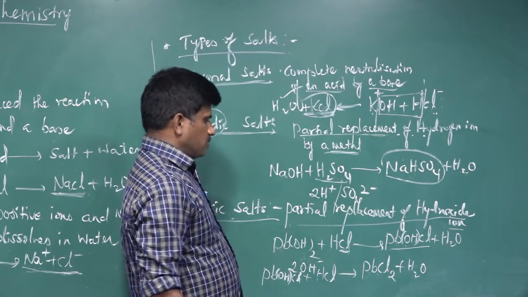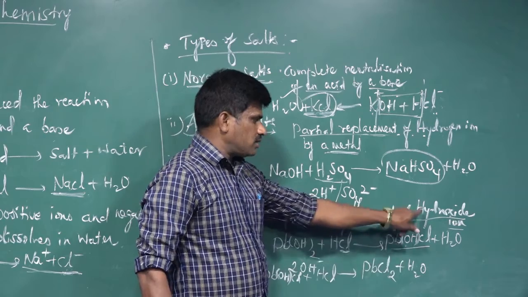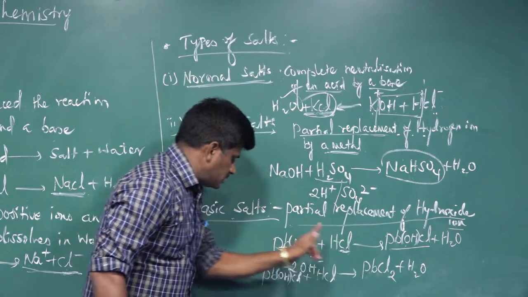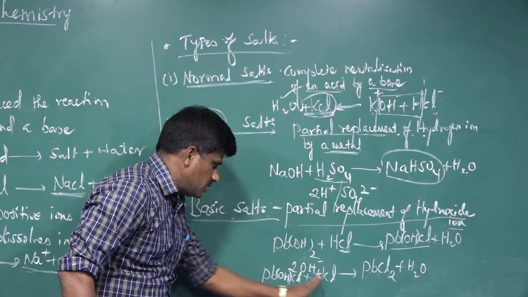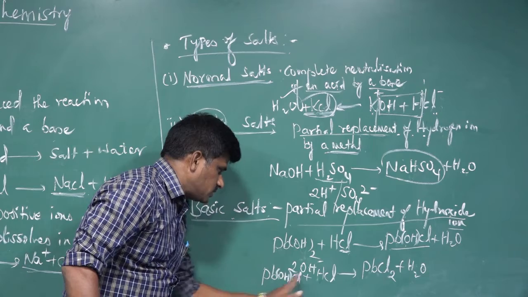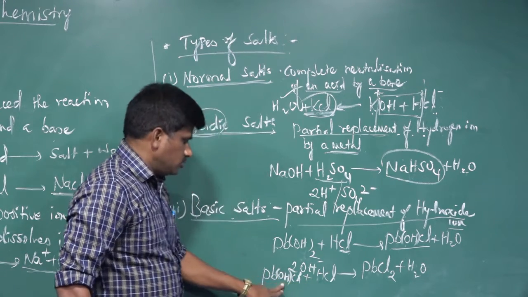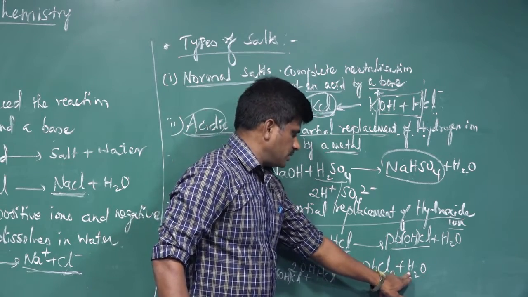In the first step, partial replacement of the hydroxyl ion, a basic salt is formed. That basic salt further reacts with hydrochloric acid, a strong acid. Again this OH is replaced by Cl. The additional Cl is here, so the product is PbCl2, and the byproduct is water.